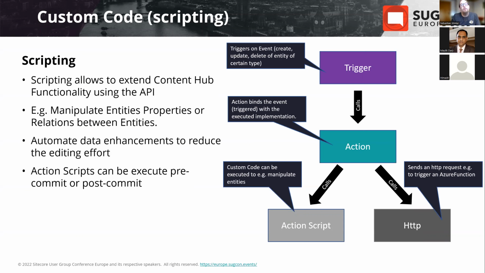If we upload such an asset to Content Hub, we could have a trigger that fires on the event of creation of the asset and then executes an action. This action can then call either a piece of custom code, which would be an action script, or it could also call any HTTP request to either fire an Azure function or to connect to any third-party system.